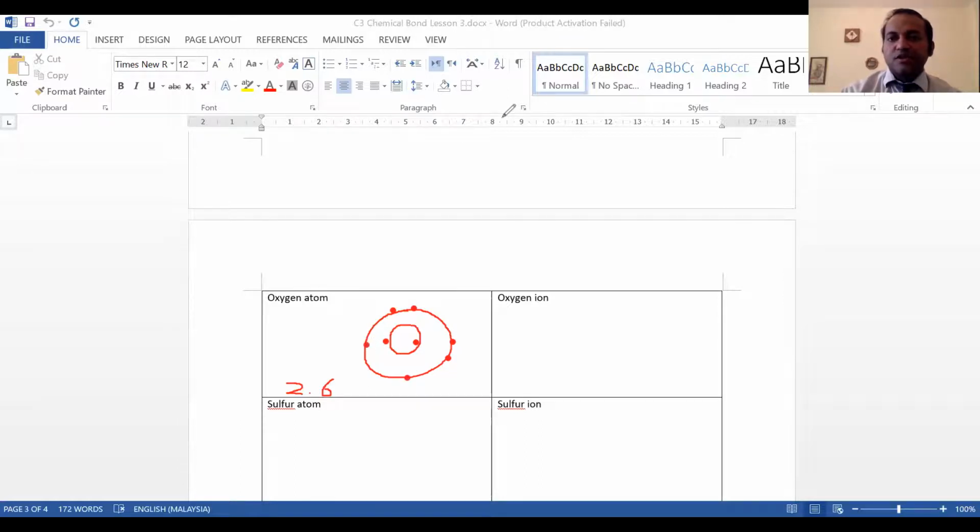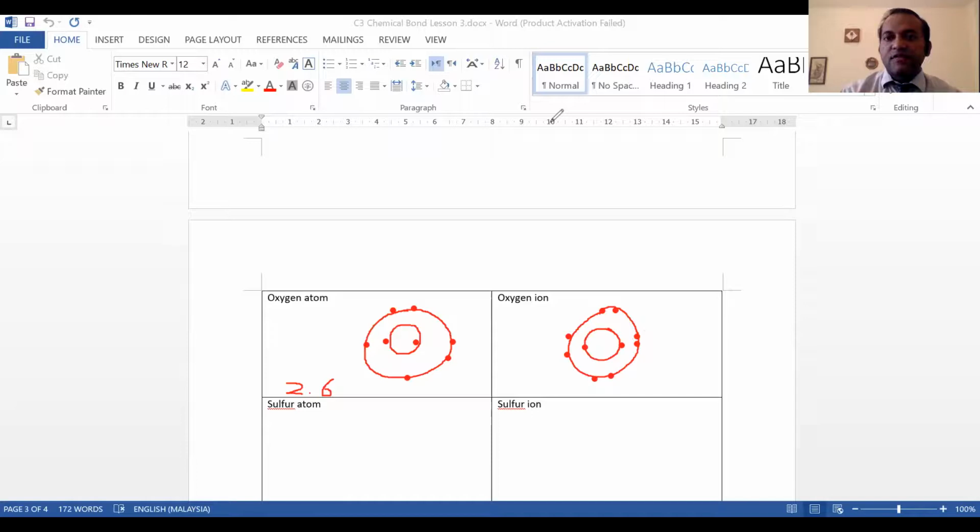So you know it is not stable. Therefore, it will take another 2 electrons. So we draw again the same first shell and the second shell. This time, we draw all 8 electrons.